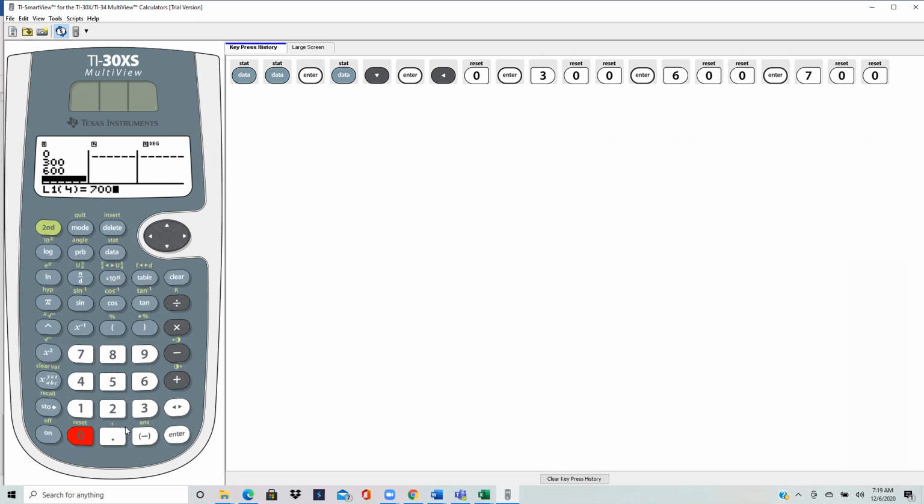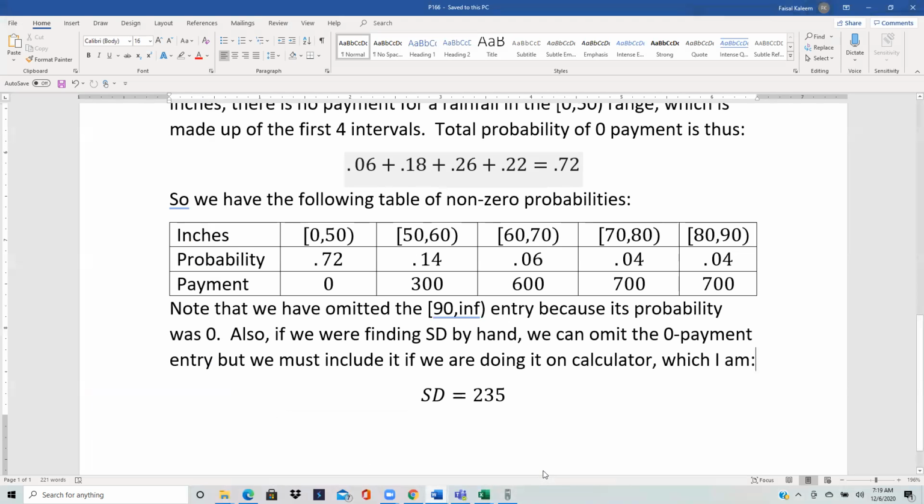Actually, let's lump the last two together under a probability of 0.08. Then the probabilities were 0.72, 0.14, 0.06, and these two we are combining into 0.08.